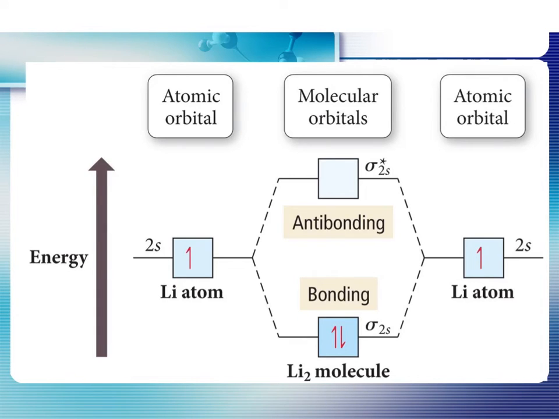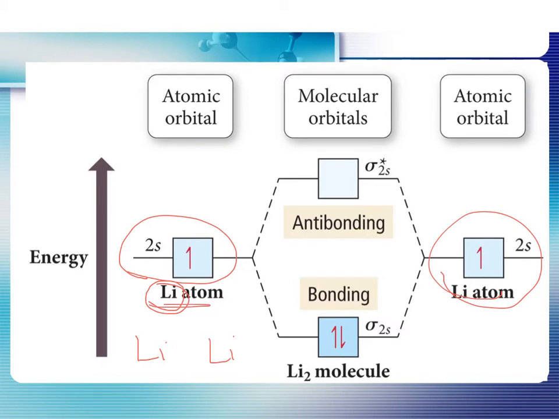So looking at a very simplified diagram of molecular orbitals, let's say two lithium atoms approaching each other. Each of the lithium atoms has one valence electron, and the one valence electron for both of them is in a 2s orbital. Molecular orbital theory says as these two lithium atoms approach one another, the two atomic orbitals will combine to make two molecular orbitals.